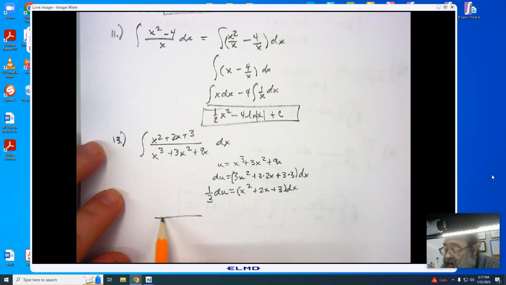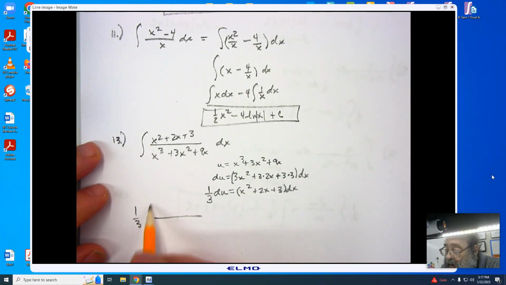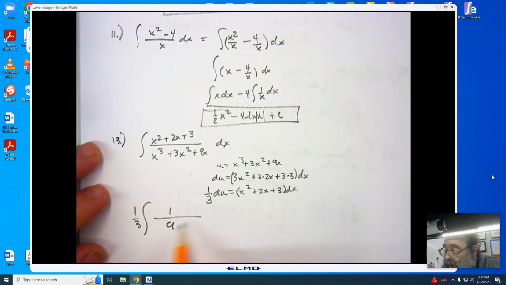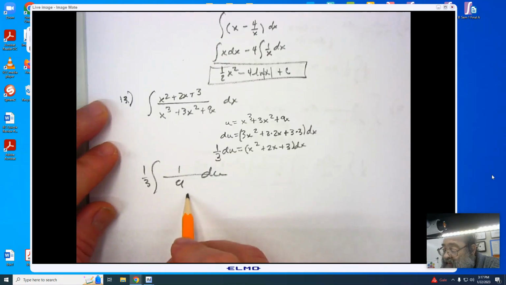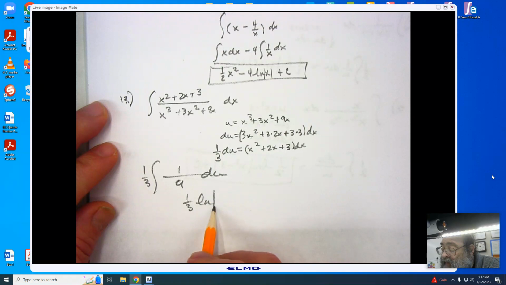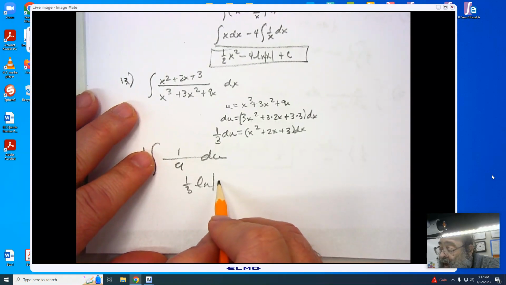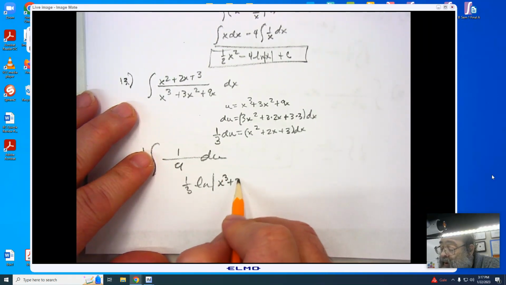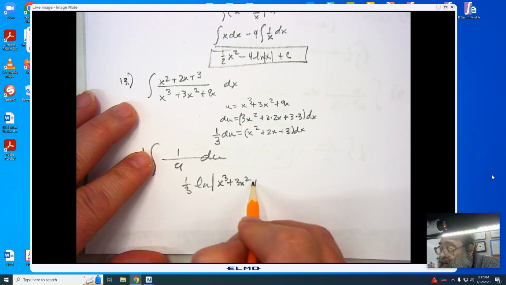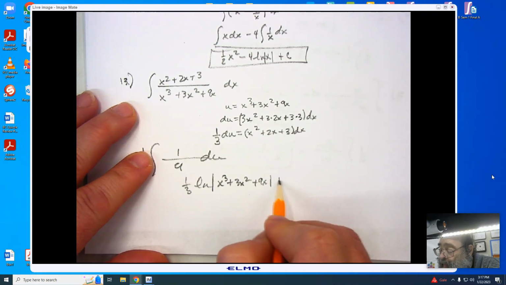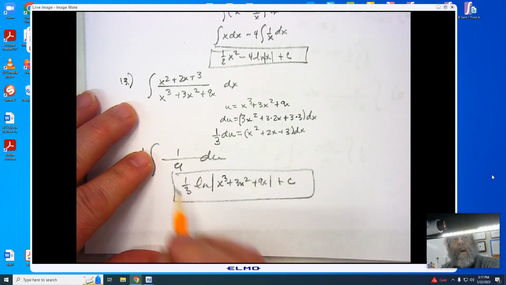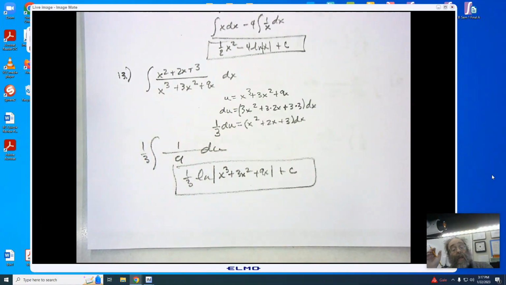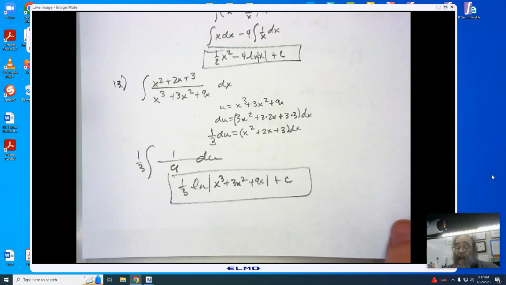Now we can clearly see that we have 1/3 1 over u du, and this is giving me 1/3 the natural log of u, and I have that x cubed plus 3x squared plus 9x, the quantity plus c. Notice how they go quite cleanly. You just have to jump into it, don't be afraid of it, and you'll be okay. Let's go ahead and take a look at number 17 next.